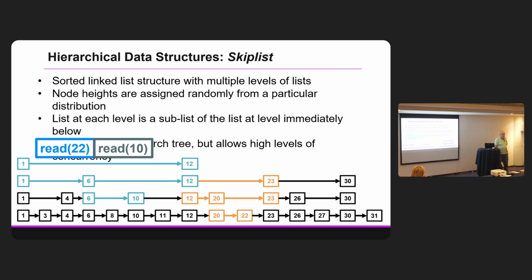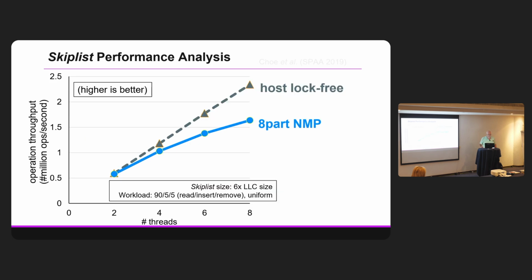So let's take this and divide it statically into pieces and shove each piece into a near memory unit. And let's compare that to a state-of-the-art lock-free list. When we did this, it turns out it didn't work very well. We previously published a paper doing an analysis of exactly this sort of thing and argued why this should work really well. But when we built our simulation, it didn't work.